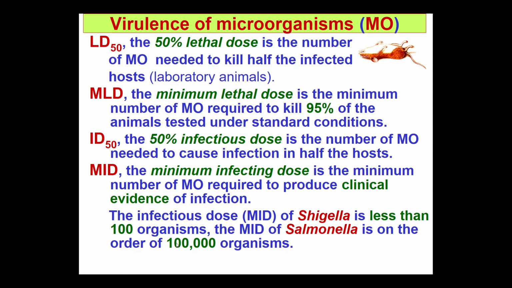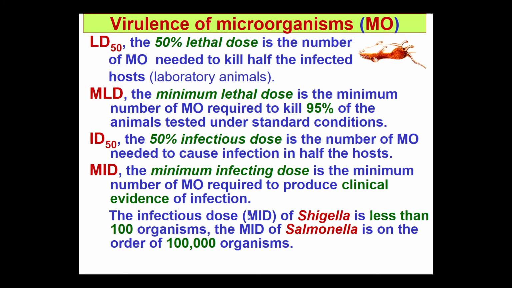It means if you inoculate the animal with 50,000 organisms of Salmonella, this may not be enough to cause the disease, but 100,000 and more is enough.